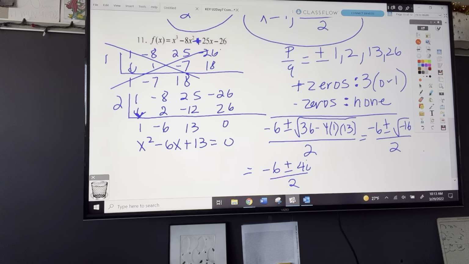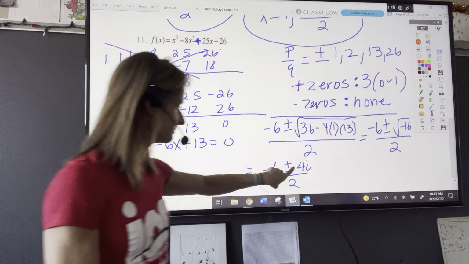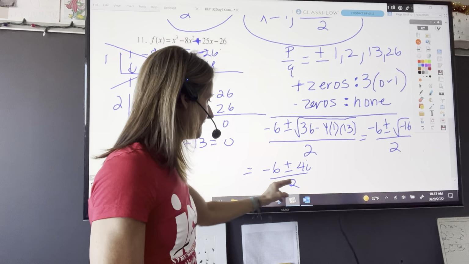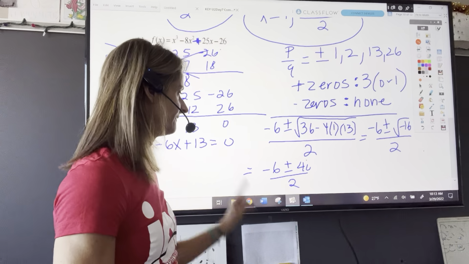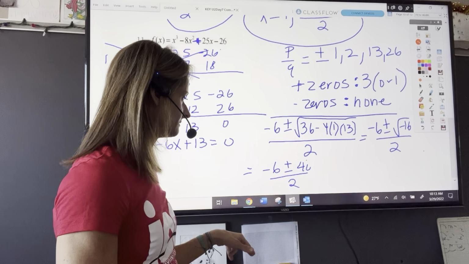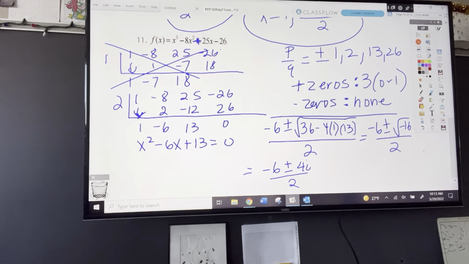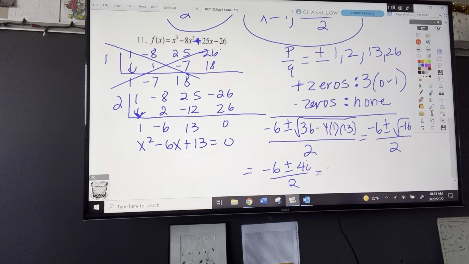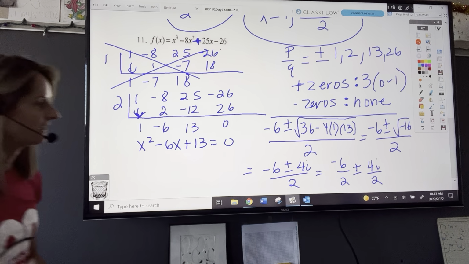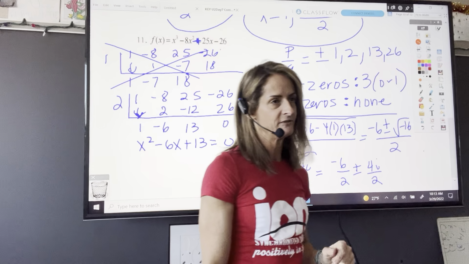We're almost done. Each of these terms can be divided by 2, so we need to simplify those. And I should just show you this. You don't usually break it up like this, but this is why. If I rewrote this like this, you can see the negative 6 and the 4 both have to be divided by 2.